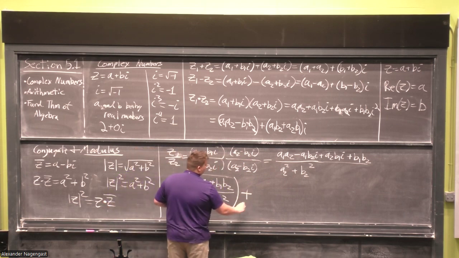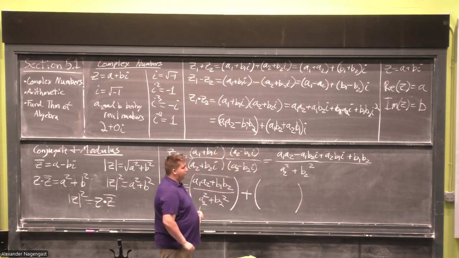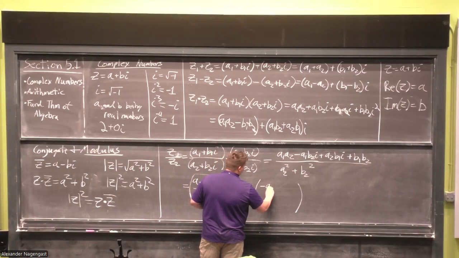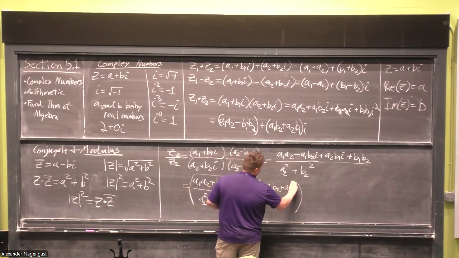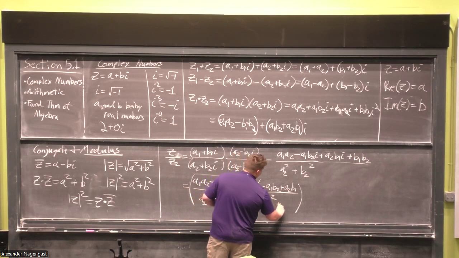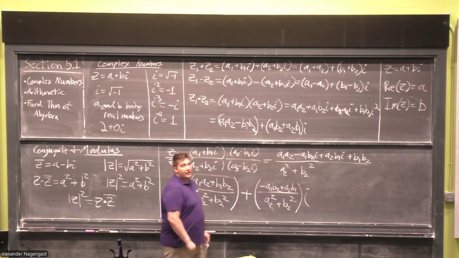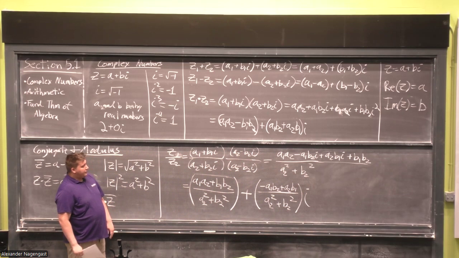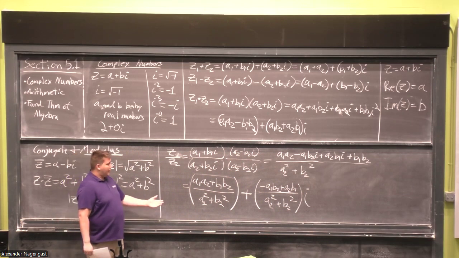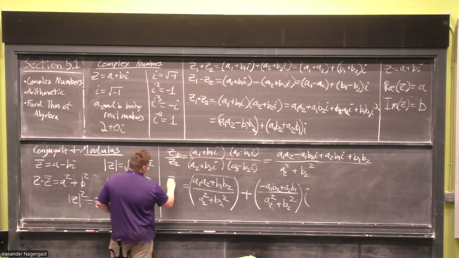Now I'm going to add my imaginary part. So I'm going to have negative a1 b2 plus a2 b1 all over a2 squared plus b2 squared times i on the outside. And there we have our real part and our imaginary part for z1 divided by z2.